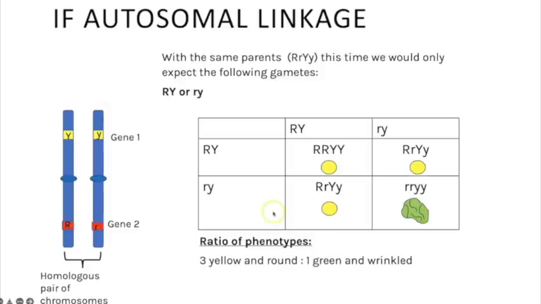But if there was autosomal linkage, even though we have 2 heterozygous parents, because the R and Y gene are linked on the same chromosome, and we can see we have the 2 dominants and the 2 recessive alleles on individual chromosomes, that actually means the only possible gamete would be one that has the dominant R and Y and one that has the recessive R and Y. So our possible genotypes of the offspring and the phenotypes are here, and we get a very different ratio, a ratio of 3:1, and that then does not fit the typical 9:3:3:1 ratio. So that is how autosomal linkage could prevent you from getting that ratio.